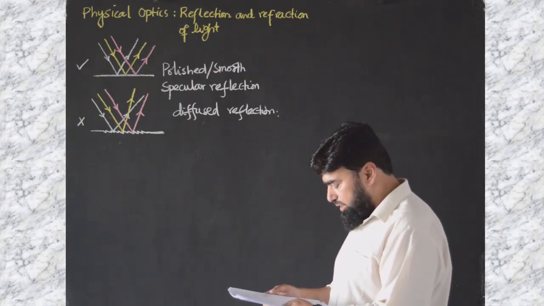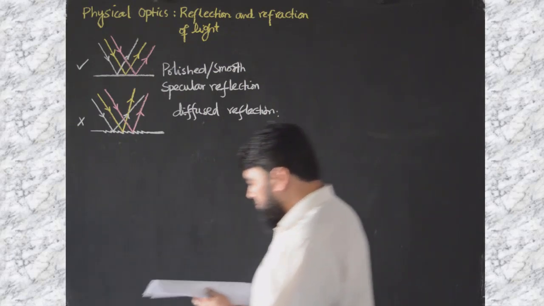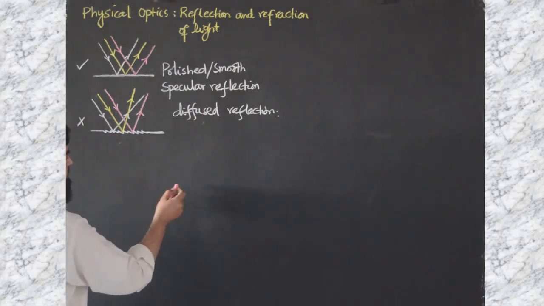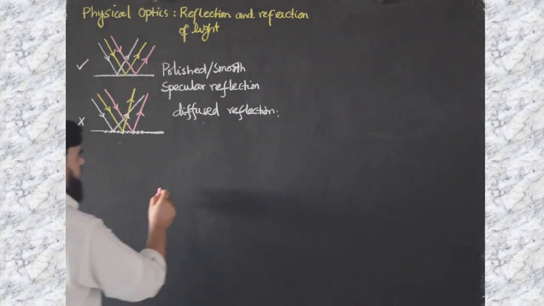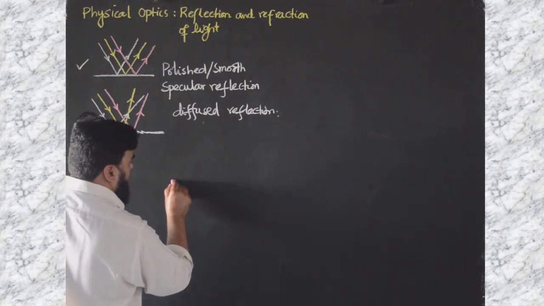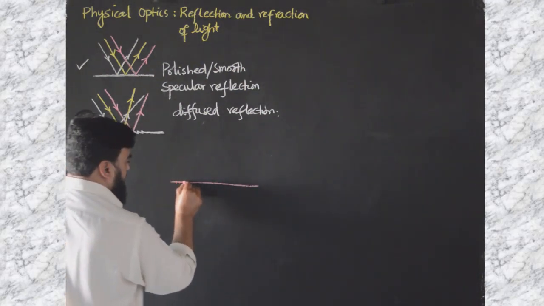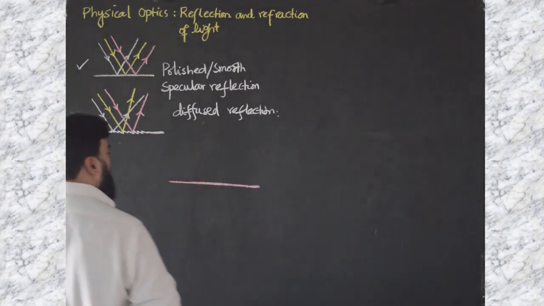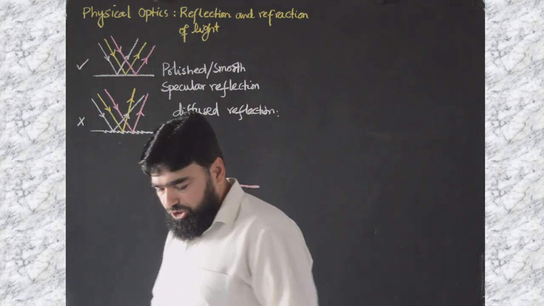In order to go on with the mathematics, let's say we have a surface, which is like the boundary of a material. On this surface we now have to consider our reflections.